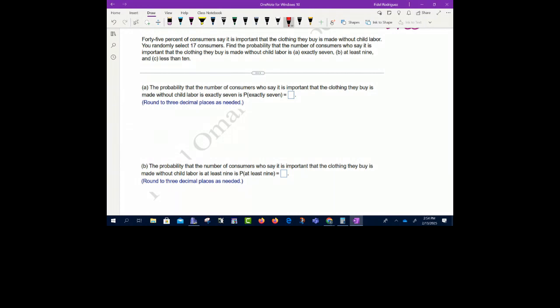Okay, so let's do the first part, y'all. And we're selecting 17 people. Our probability is 0.45. Okay, probability of exactly 7. Y'all, this just means that my x is equal to 7.